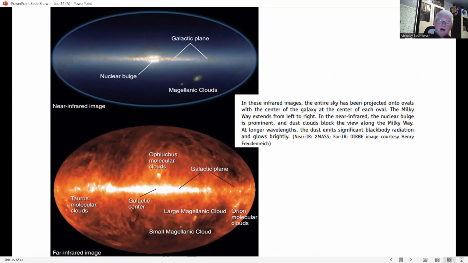The nuclear bulge is the dense cloud of stars that surrounds the center of our galaxy. It has a radius of about 2 kiloparsec and is slightly flat.